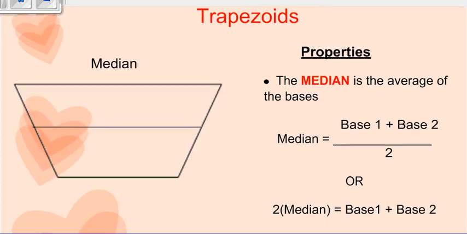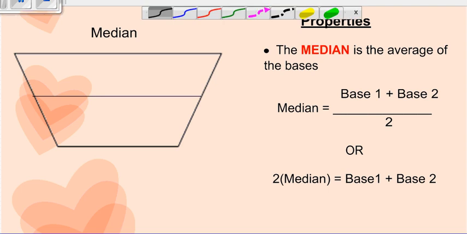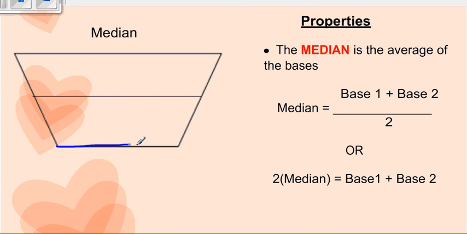And the last thing we're going to talk about with trapezoids is the median. Okay. And the median is that line that's in the middle, right? Median and middle. We use it when we're talking about averages and mode and all of that in statistics. But here the median is going to be the line that ends up being exactly in the middle of the trapezoid.